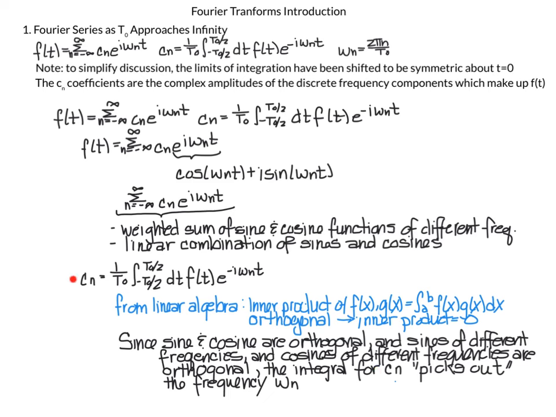In other words, in this formula for Cn, when we integrate the function f of t with the sines and cosines, and remember this is an inner product, this e to the I omega n represents sines and cosines of frequency n. They'll all go to 0 except for when the frequency Wn equals the part of f of t that is at that frequency. So again, Cn will pick out the frequencies Wn in the function f of t.